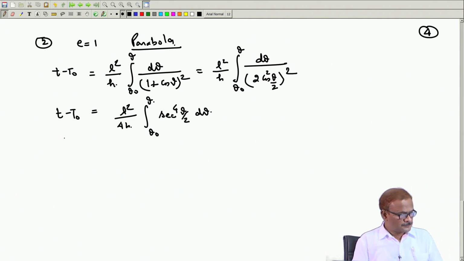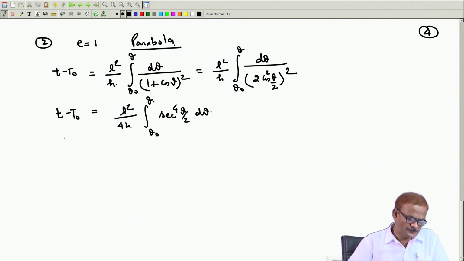So, in the case of the parabola, this is a little simpler to work with, but once it goes to the ellipse, because of the presence of e, the whole thing gets complicated, and then we need to apply a special method to treat all these things.